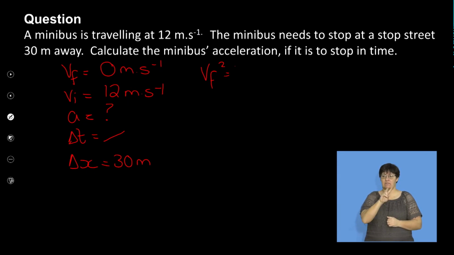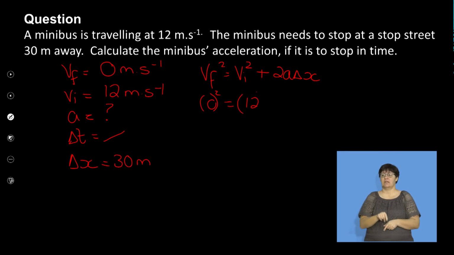I know that that means we're going to use this equation. VF squared equals VI squared plus 2A delta x. VF is 0, VI is 12, plus 2 times A times 30.